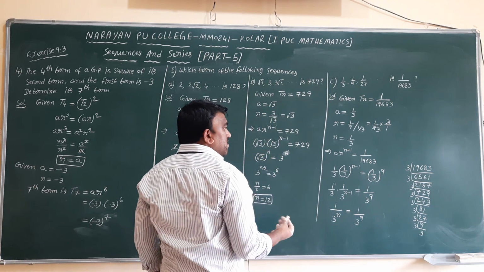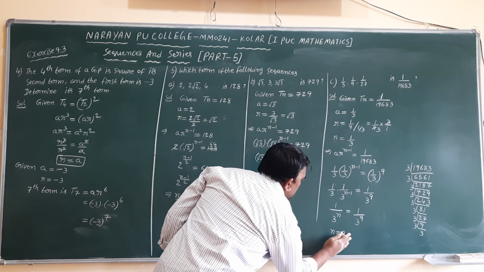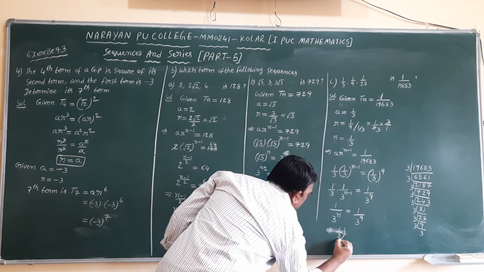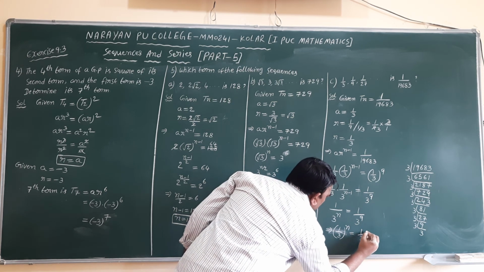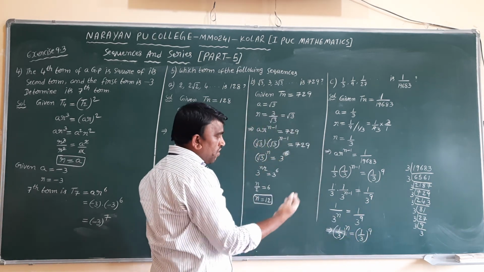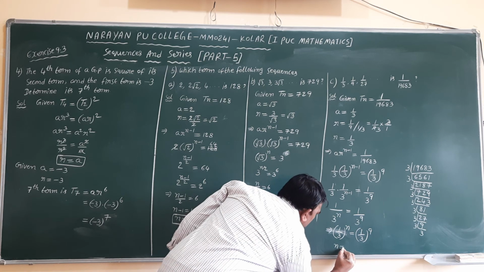So both sides bases are equal, so n value is 9. It also we can write like this: 1 by 3 whole power n is equal to 1 by 3 whole power 9. So 1 power 9 is 1 only, 1 power n is 1 only. Now n value is 9.